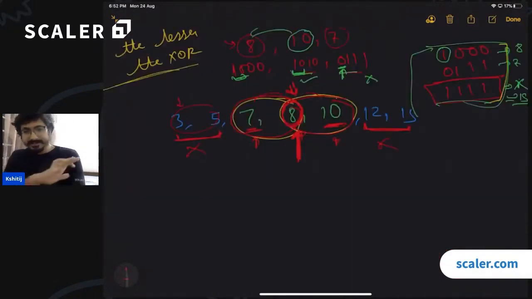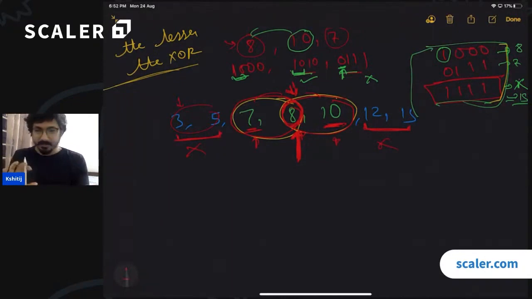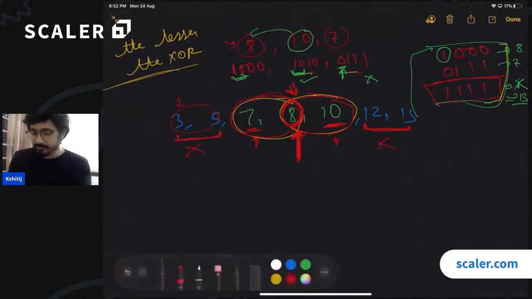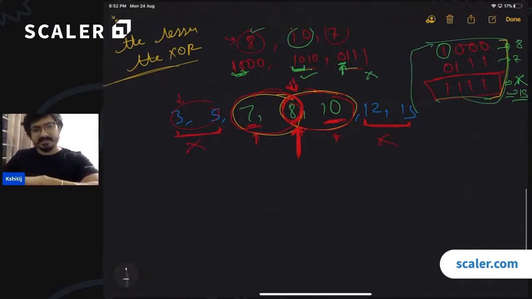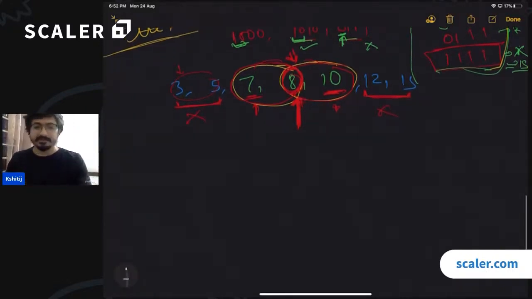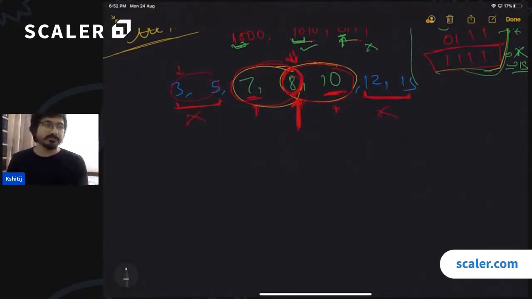Try to understand this thing. How are you actually going to find the minimum XOR? Think about the brute force approach. The brute force approach is that for every number you take XOR with each and every other number, and you store the minimum in a variable.